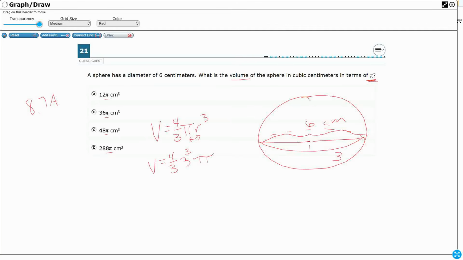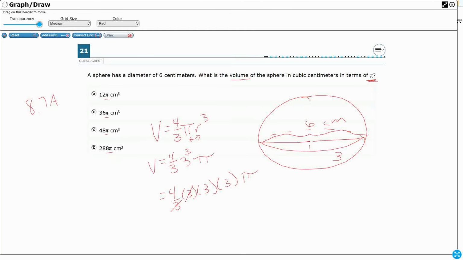Now that's not 3 times 3. It's 3 times itself 3 times. So I can say 4/3 times 3 times 3 times 3 times pi, right? The reason I'm doing that is because I can go ahead and cancel out that right there. The 4/3 times 3 just equals 12 over 3, which equals 4.